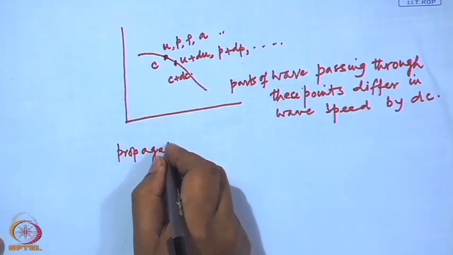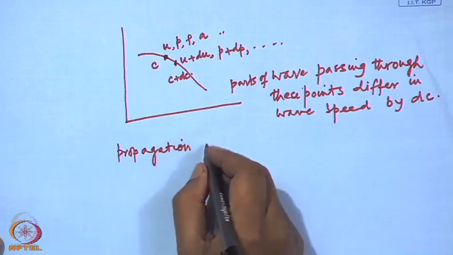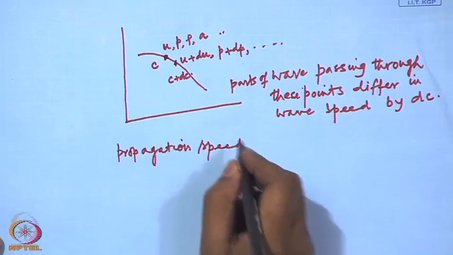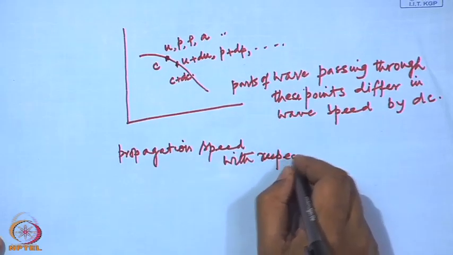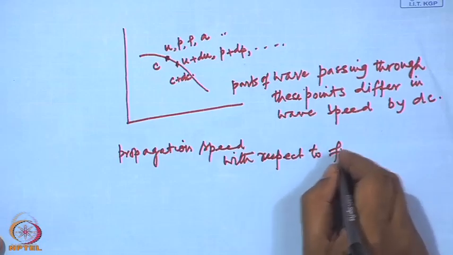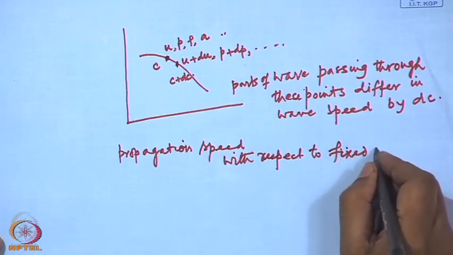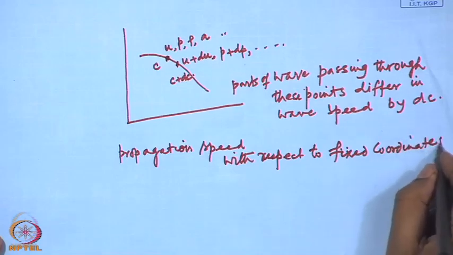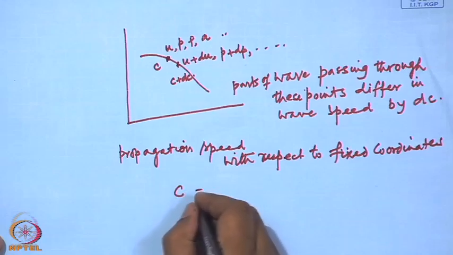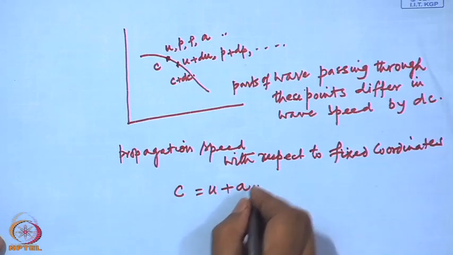Consequently, the propagation velocity of a part of the wave with respect to fixed coordinates is c equal to u plus a.